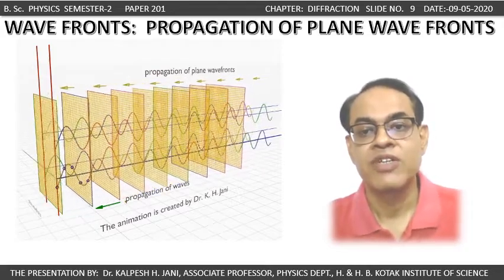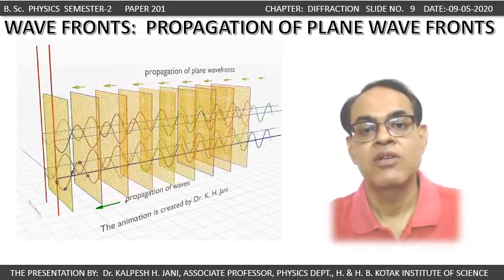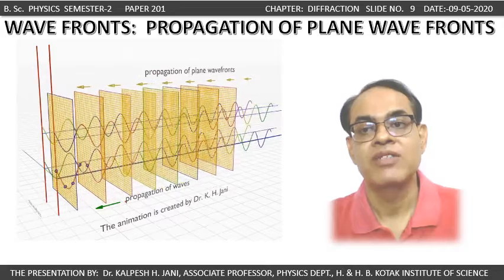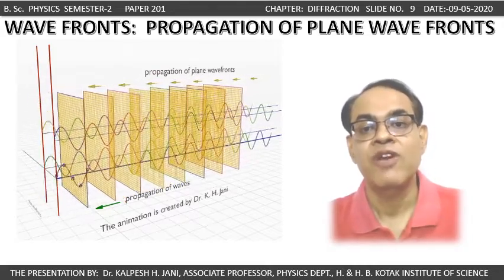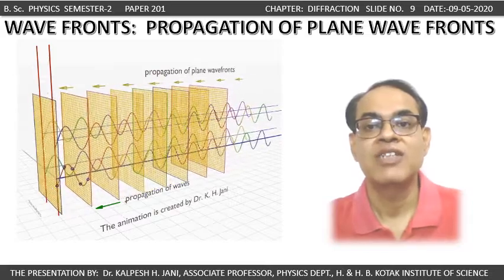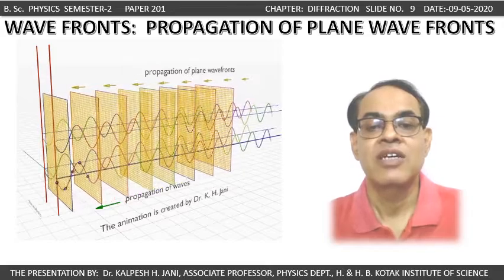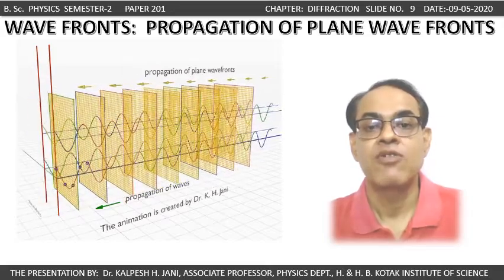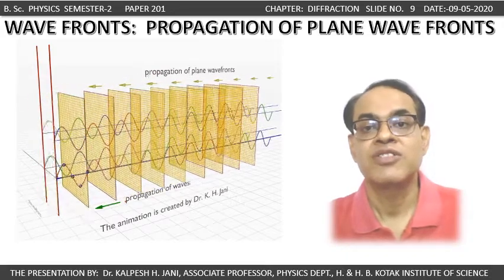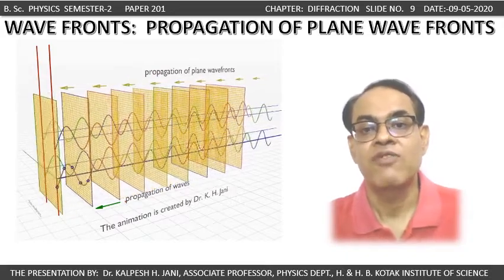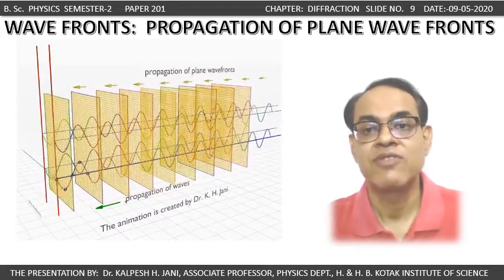So here, when we disregard wave motion and regard the wave by just the propagation of wavefronts, then one wavefront must be giving rise to the next wavefront. So when we say there is propagation of all these wavefronts, one wavefront must be giving rise to the next wavefront.